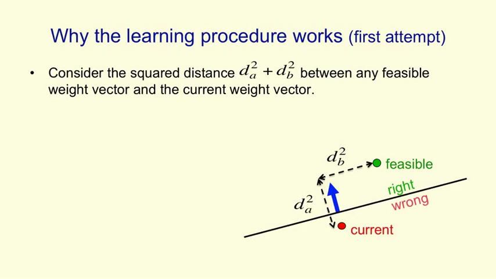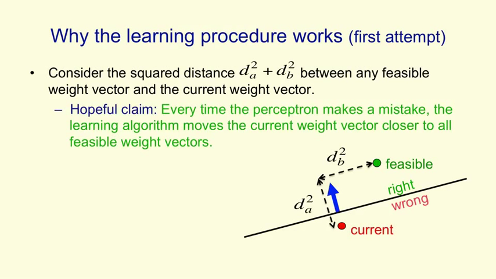So we can represent the squared distance of the current weight vector from a feasible weight vector as the sum of a squared distance along the line of the input vector that defines the training case and another squared distance orthogonal to that line. The orthogonal squared distance won't change, and the squared distance along the line of the input vector will get smaller.